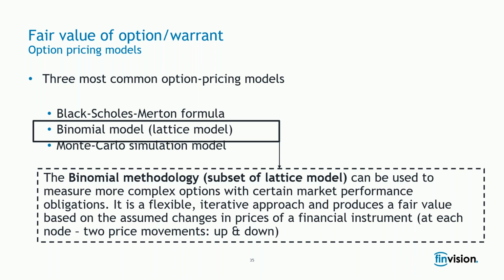A binomial model is able to deal already with certain complexities, and that's what we call one of the lattice models. So you can use complex options with certain market performance conditions, actually, not obligations, that's a typo.